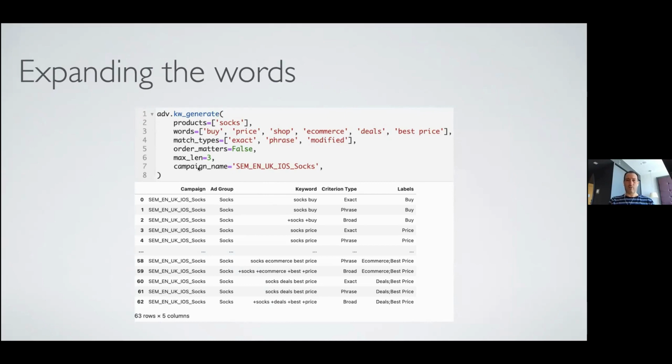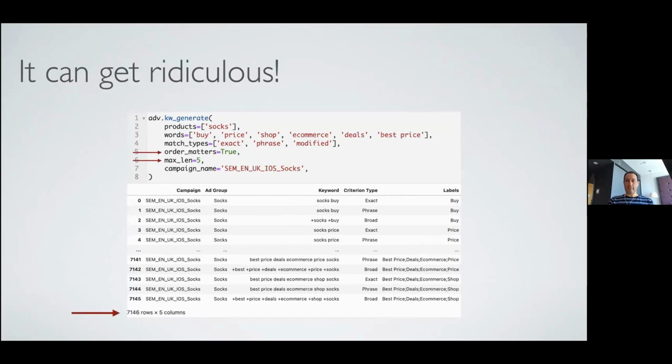We can also change the name of the campaign. It's very simple. Just add a string over here, and we've expanded our campaigns. It takes the same amount of time to create the campaign with 2 keywords that it does with 63 keywords in this case. You just have the bunch of products, as I said at the beginning, which is easy, and the words, which is the main thing that you are looking for, and the other configurations of order and maximum length.